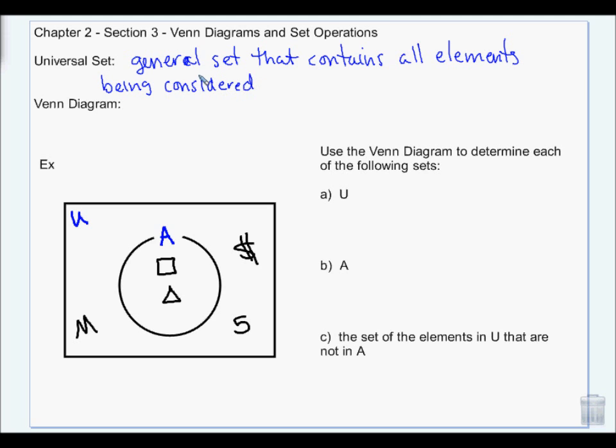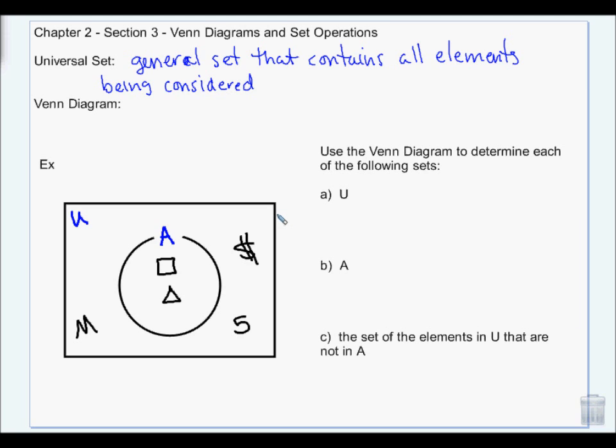The universal set is the general set that contains all of the elements that are being considered. So think of it like the B in the A and B subsets. It's the bigger set. It contains everything.